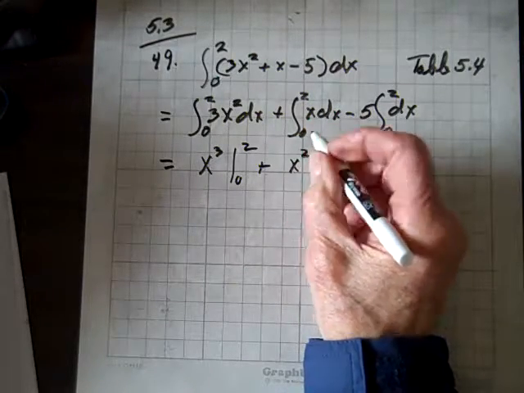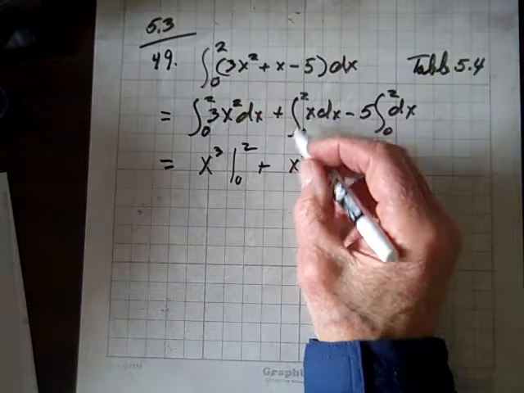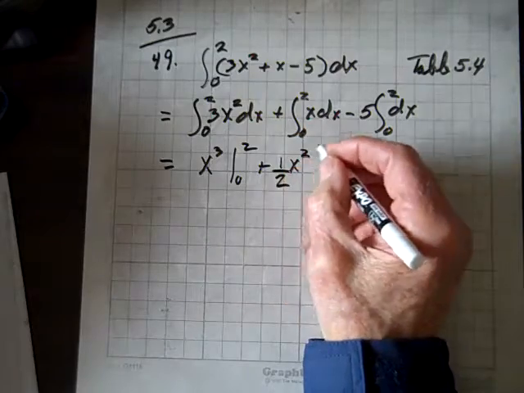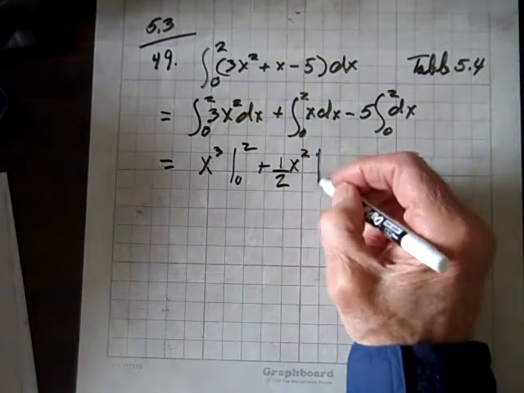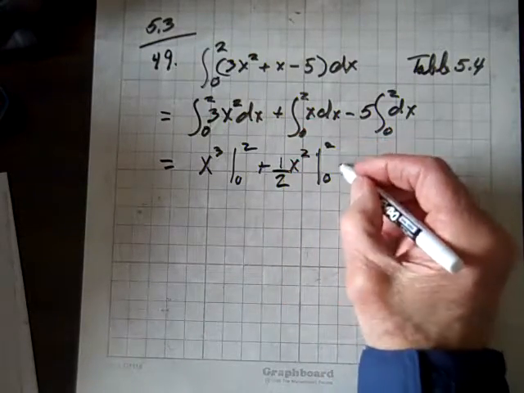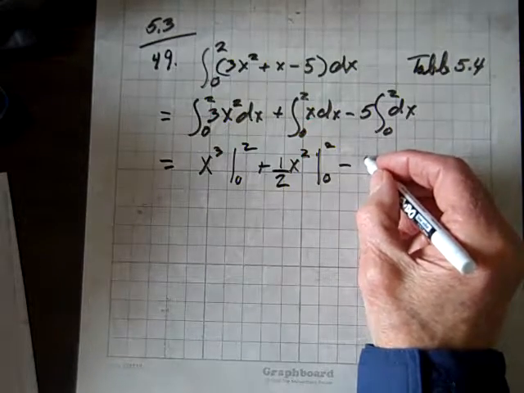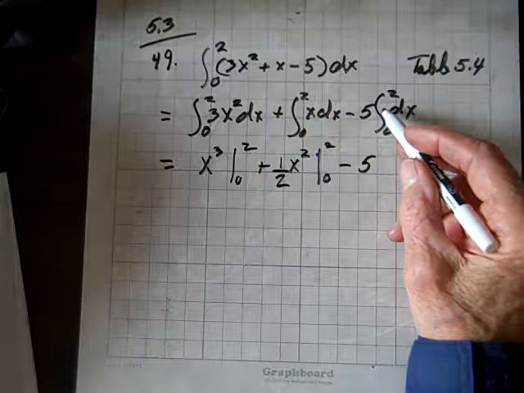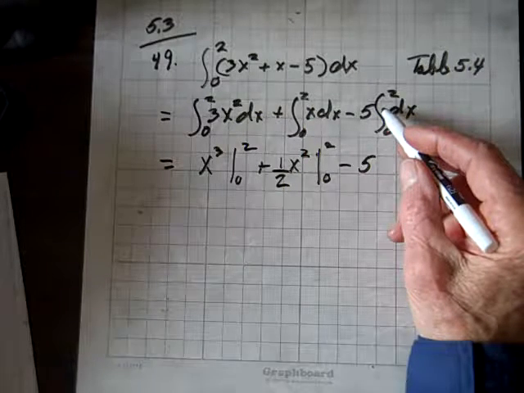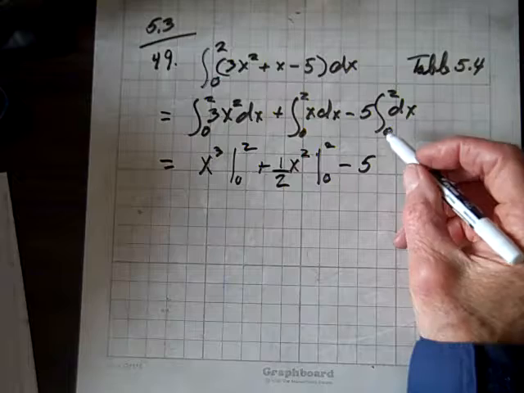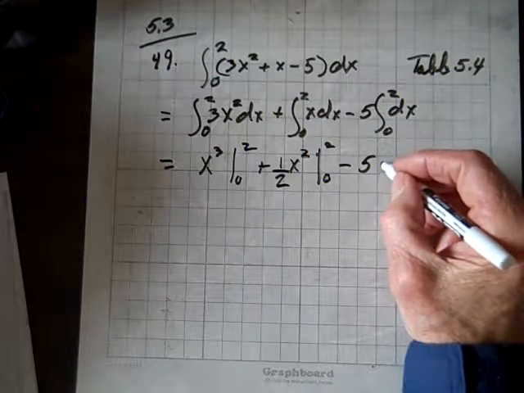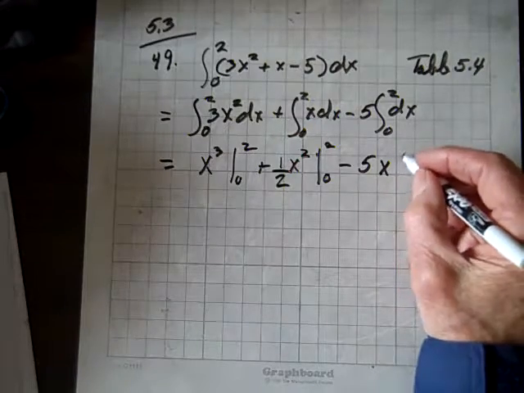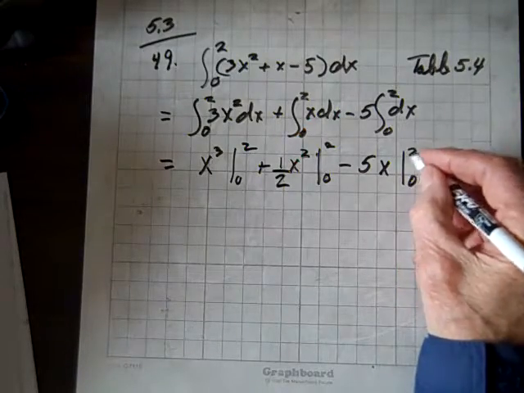We get a 2, but there's no 2 here, so the coefficient there must have been 1/2. Now when we take the derivative, we get what we want, from 0 to 2, minus 5. And the exponent on x here is 0. That's why we don't see it. x to the 0 power is 1, but now we'll add 1 to that 0, and we get an exponent of 1. And we're going to evaluate from 0 to 2.